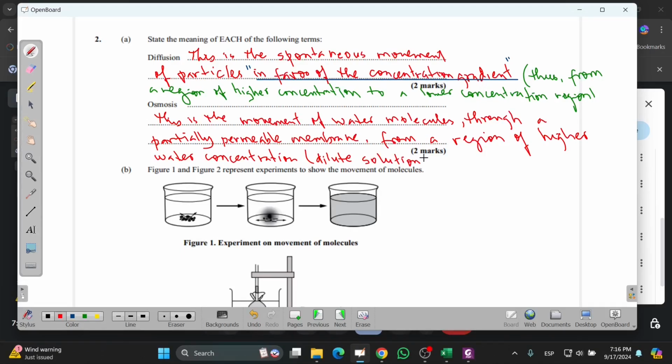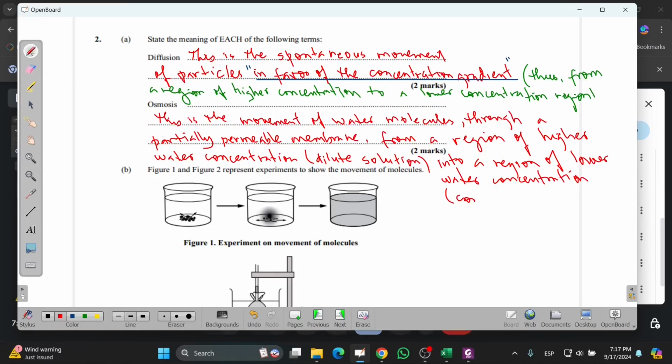Dilute solution means from where it is watery, right? From a region of higher water concentration or a dilute solution into a region of lower water concentration, which is a thicker solution, right?